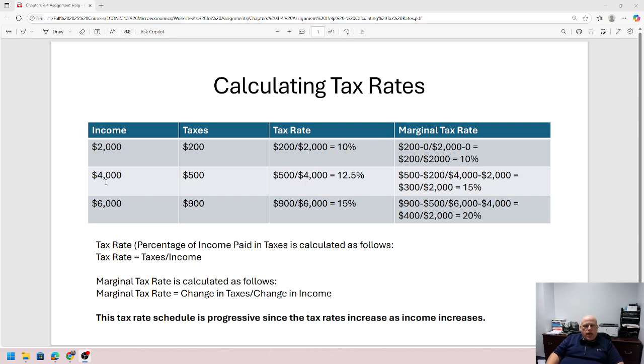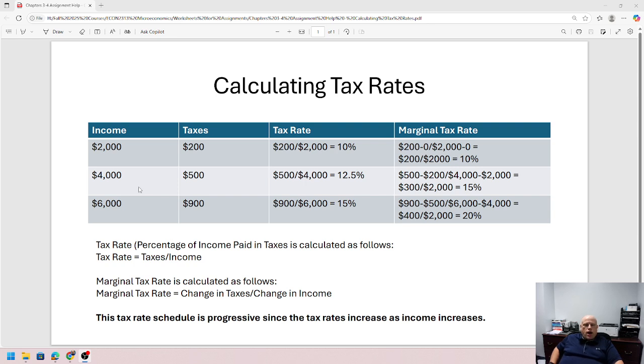Now, to get the marginal tax rate for that income and taxes, again, you take the change in the taxes divided by the change in income. In this case, it would be $500 minus $200, which would be $300, divided by the change in income, which would be $4,000 minus $2,000. So you end up with $300 divided by $2,000, which is 15%.